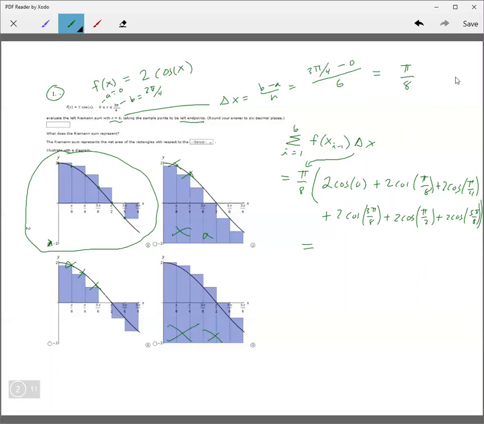Okay, and I just used a calculator, and all that turned out to be approximately 2.066372.